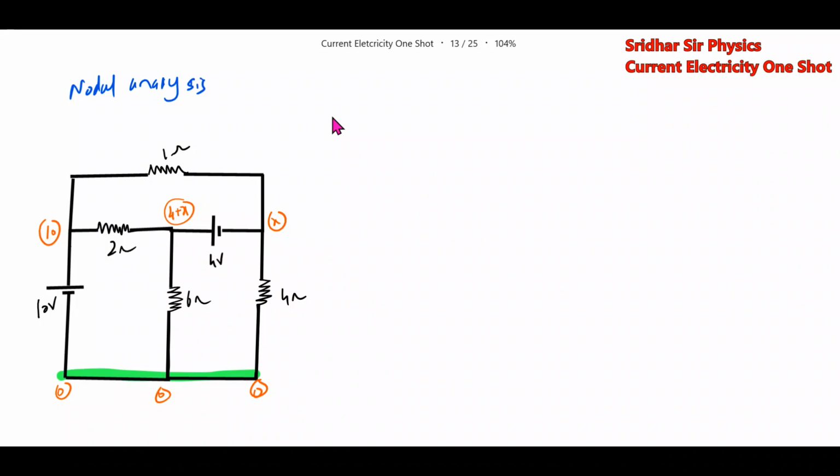What about the current equations? How to generate current equations? We'll take this junction. I'll indicate like this. We'll take the junction G. Any of the junctions you can pick up.